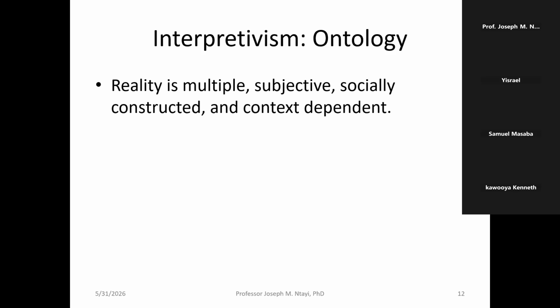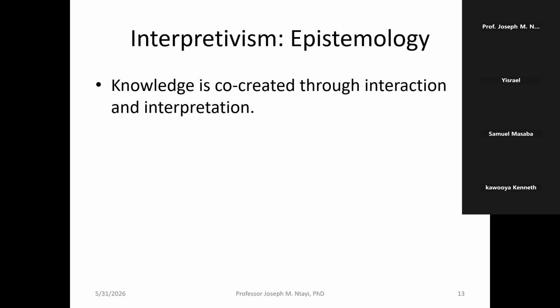So in other words, there is no single objective reality in this case. And instead, there are multiple realities, and the multiple realities here must be taken into consideration, ladies and gentlemen. So that is the ontological perspective of the interpretivism philosophical orientation or a paradigm in this case, right?